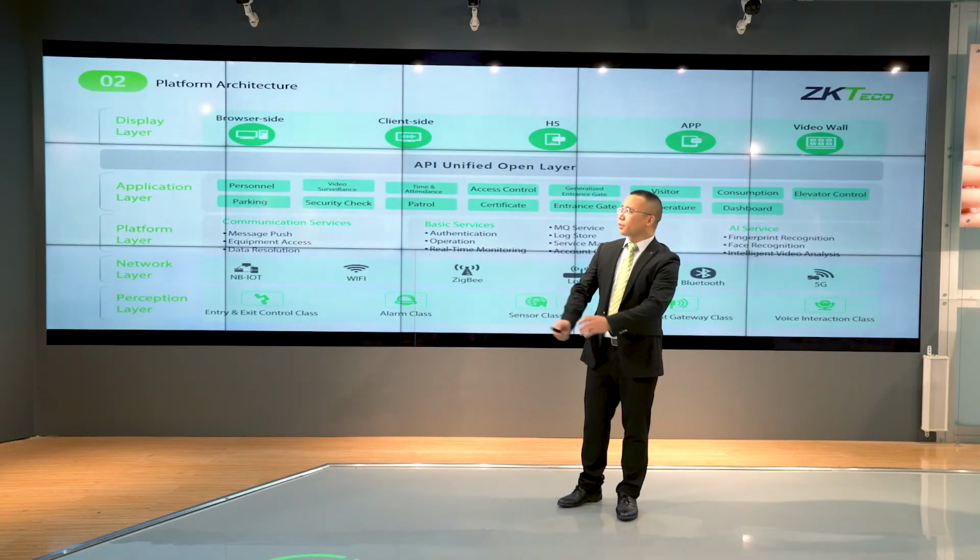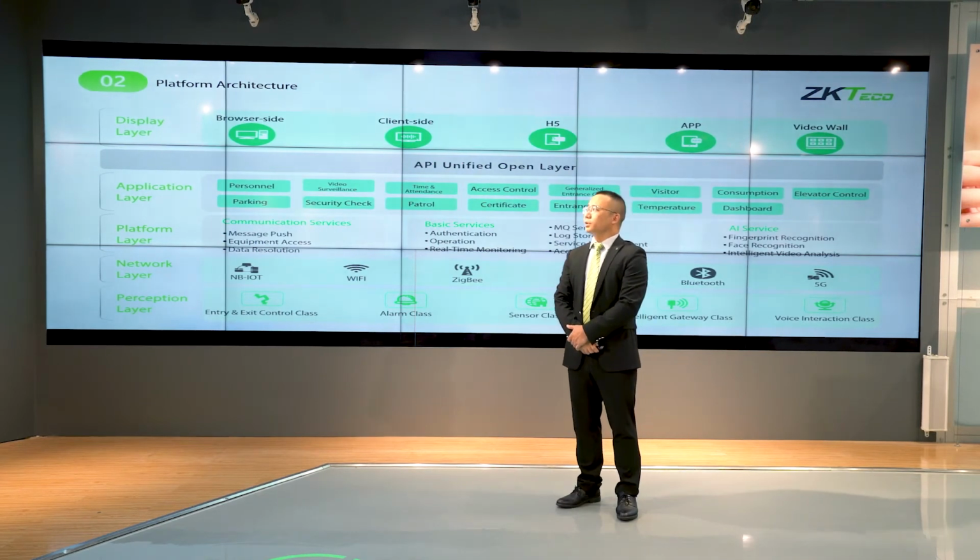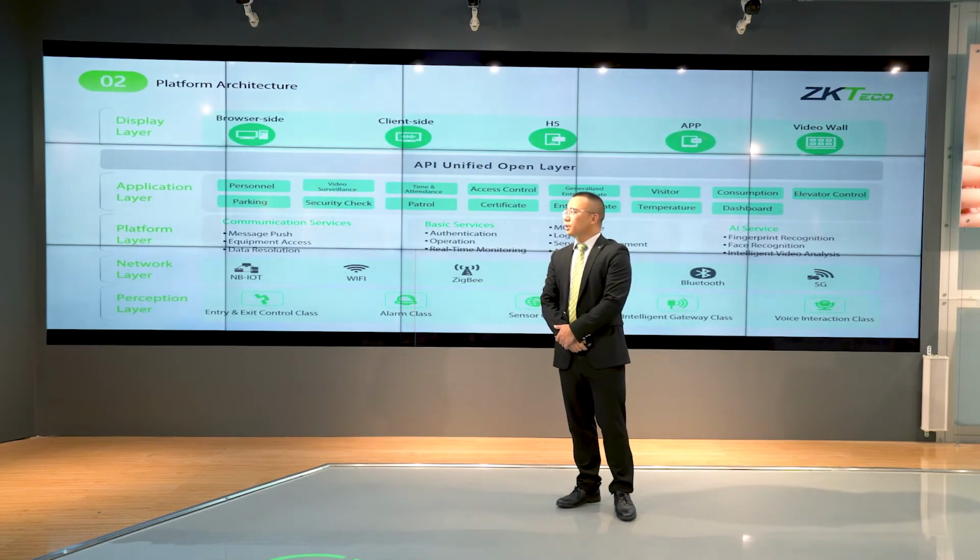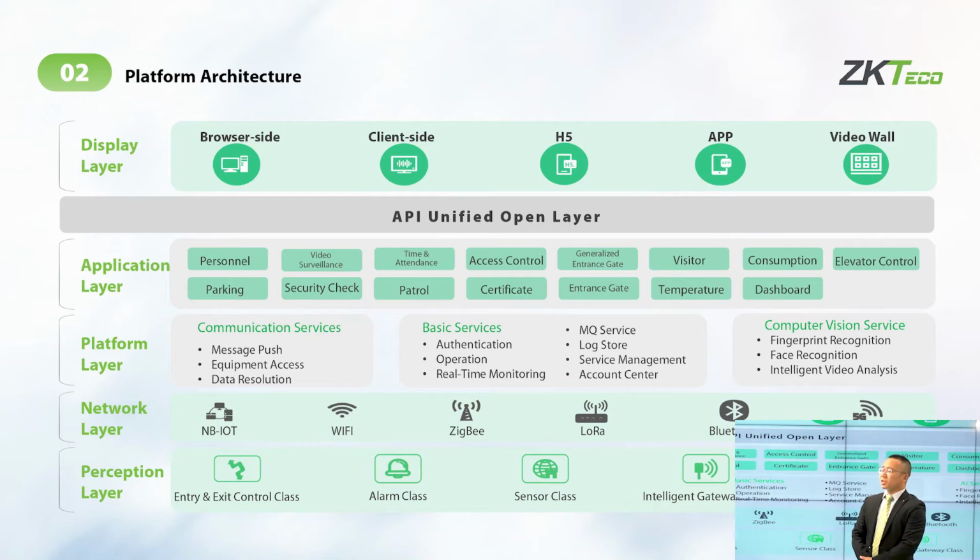Next part, let's talk about our software architecture. We can see there are five layers. The first is the sensor layer. The second is the network, then platform, application, and display layers.